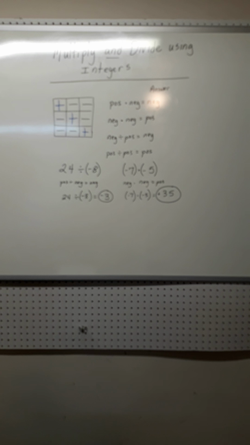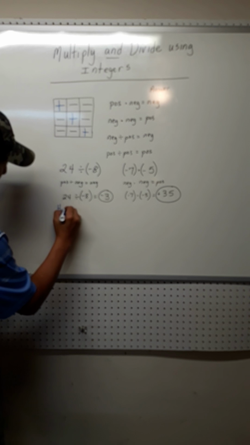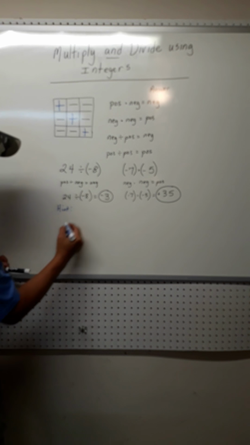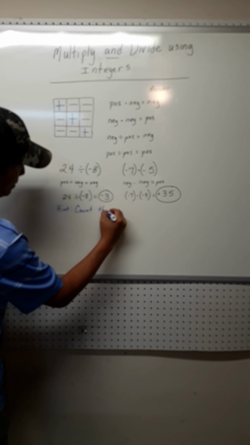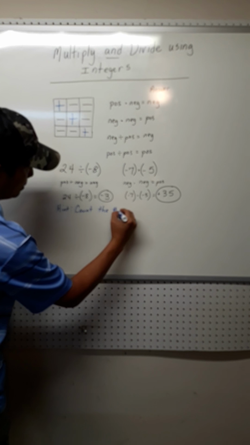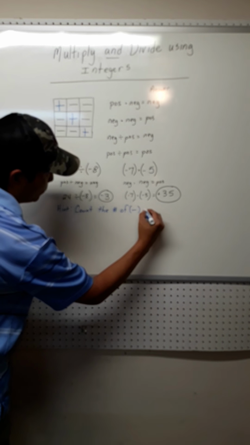If you are given multiple negatives and positives, I'm going to give you a hint. Here's my hint. Ready? Count the number of negative symbols.